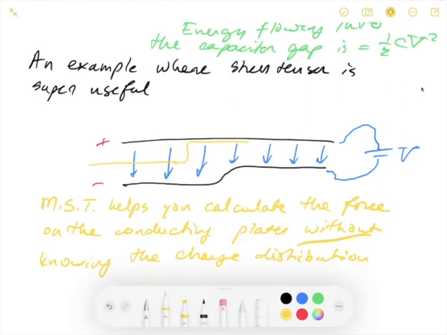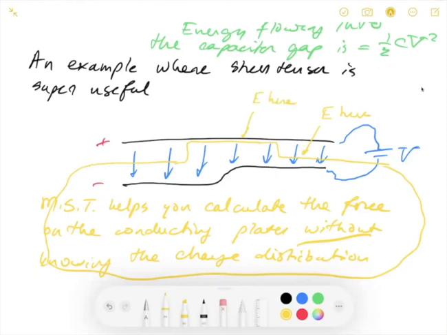Go very close here. And we close it at infinity, so we don't have any edge effects. And now if we work out, because we know what the electric fields are in the regions where the field is uniform, so we know E here, and we know E here, and we know it here.